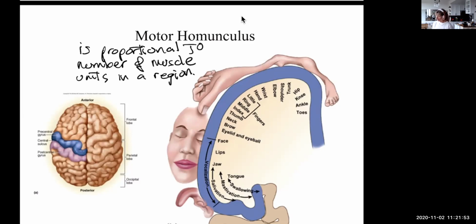Some regions have very fine control, so it corresponds to the sensory areas of the homunculus. So the hand, the fingers, the thumb, the face, the lips, the jaw. The tongue has quite a lot of innervation. It's quite a large muscle. It's not, however, the strongest muscle.